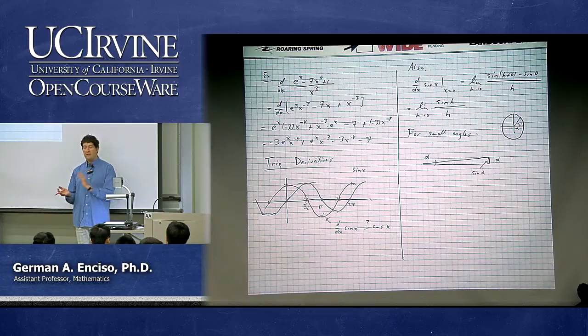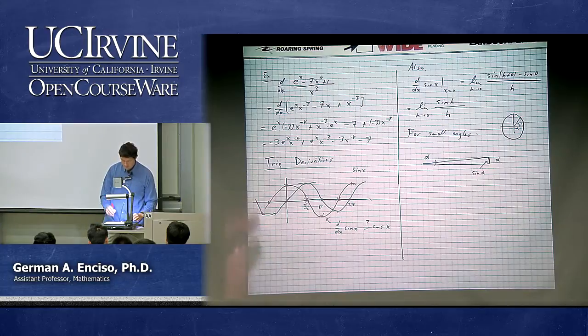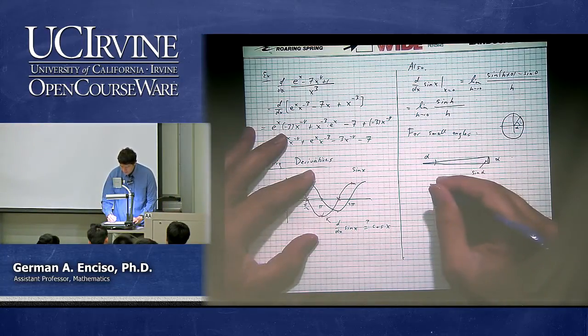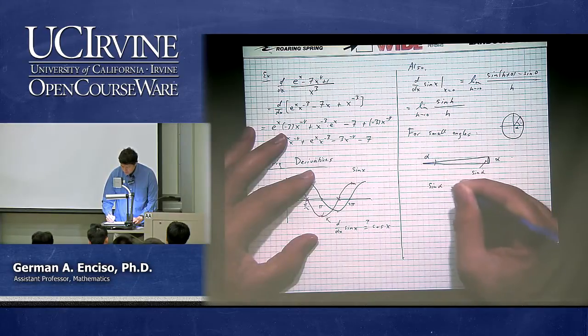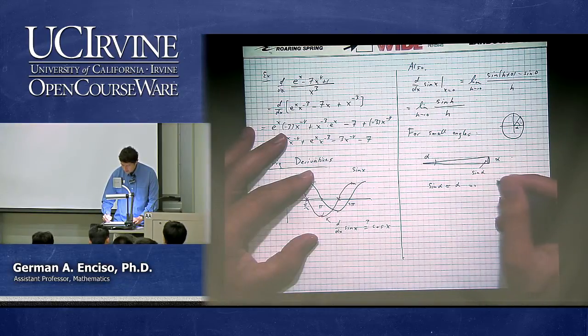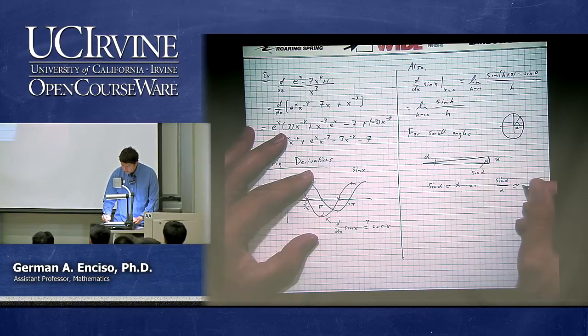Punchline is when alpha is very, very small, the arc alpha and the sine of alpha are very, very similar lines. One of them is a piece of circle, the other one's a straight line, but they look very, very similar. So sine of alpha is very, very similar to alpha. And what it means is that sine of alpha divided by alpha is very, very similar to 1.